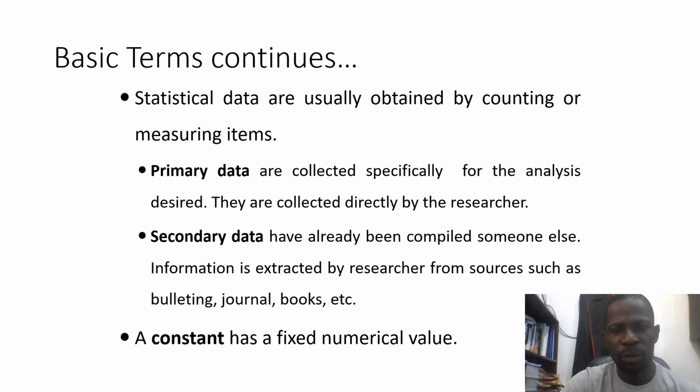Moving ahead, we also want to look at statistical data. These are data that are usually obtained by counting or measuring items. Under statistical data, there are two types we're going to look at. We have primary data, and we also have secondary data.